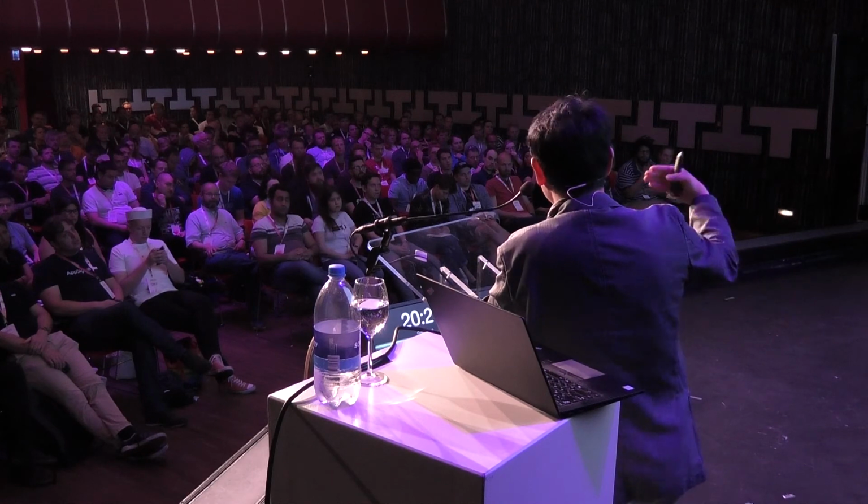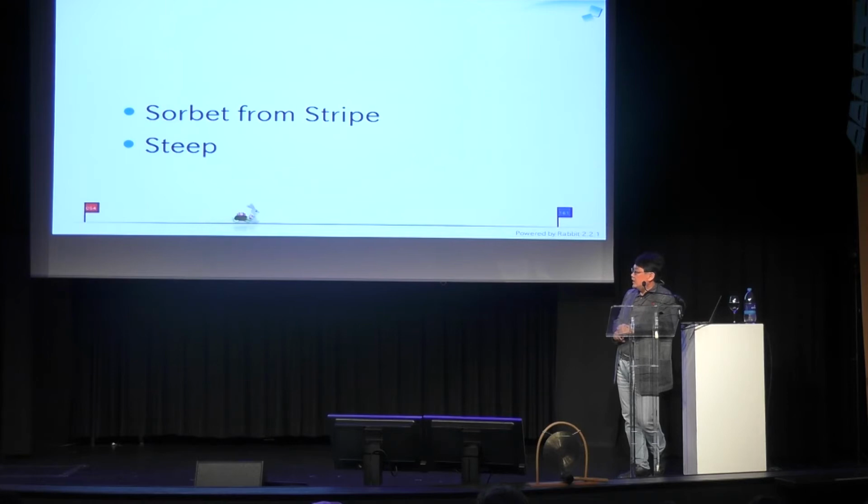Yeah, yesterday it was open sourced. Currently, Sorbet requires some kind of DSL to annotate your code. But in the future, Sorbet will start to read that RBI file, which I explained. Steep is from Soutaro Matsumoto, who is working on the RBS file parser.